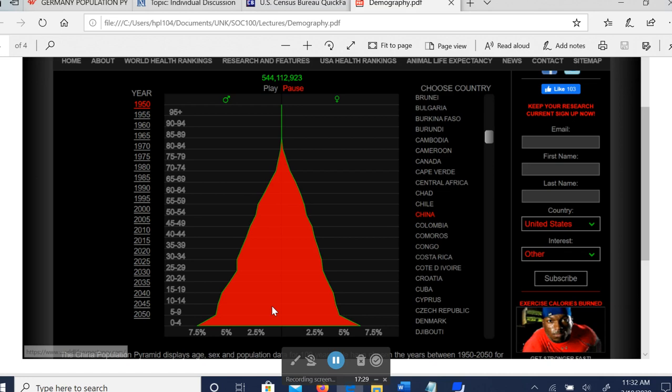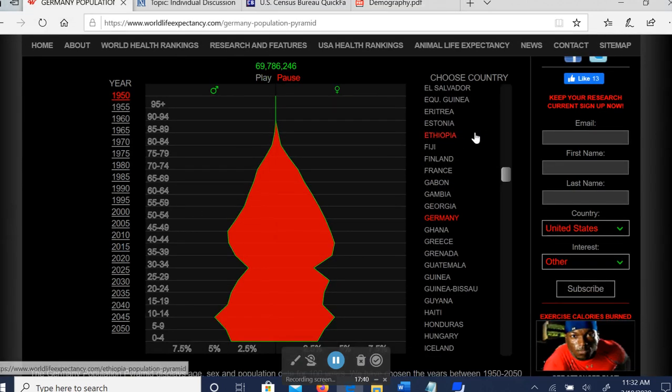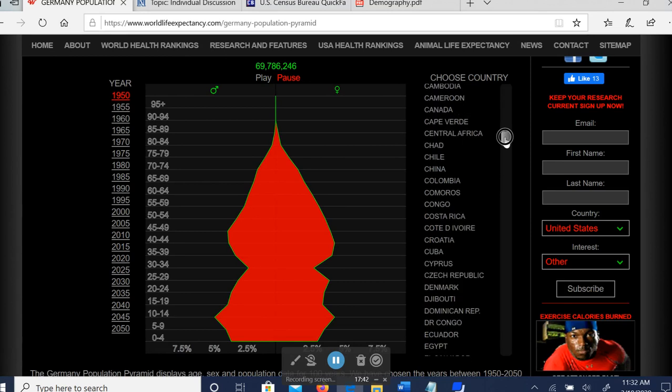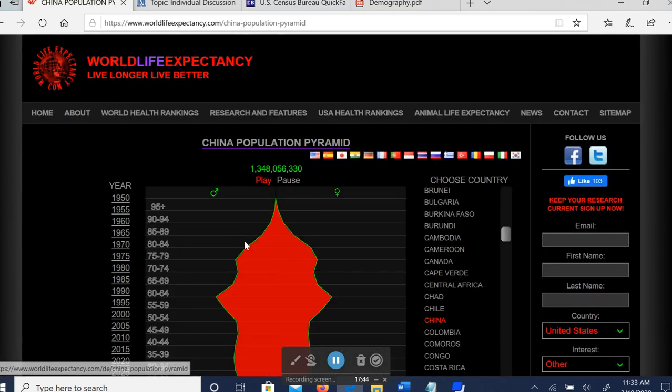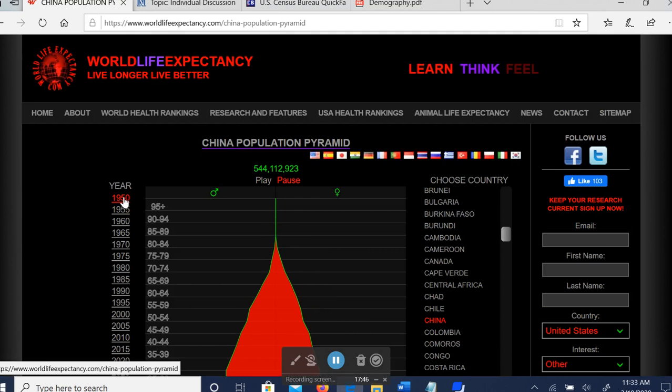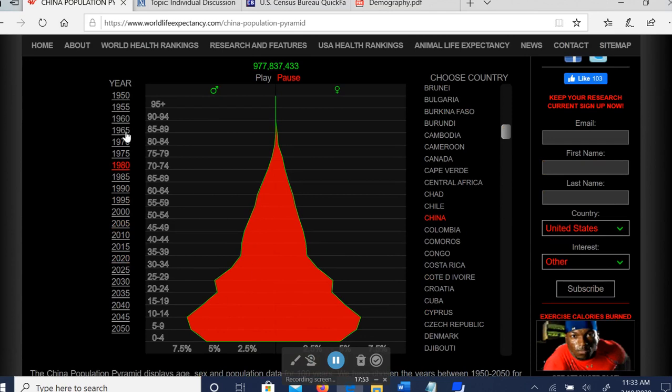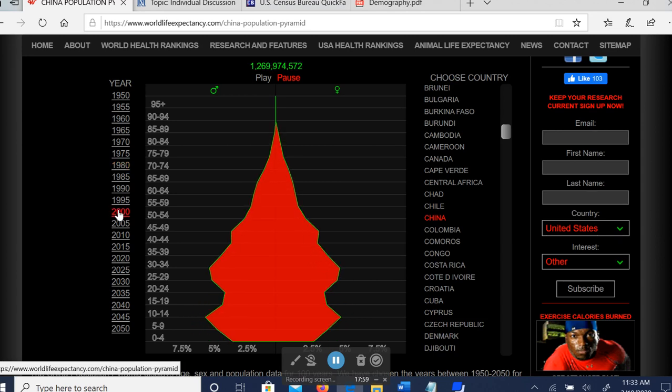Now I think there is a two-child policy because of population aging in China. And this is because the Chinese population was growing from the 50s, even until the 80s. And maybe partly because of that, they implemented the one-child policy.